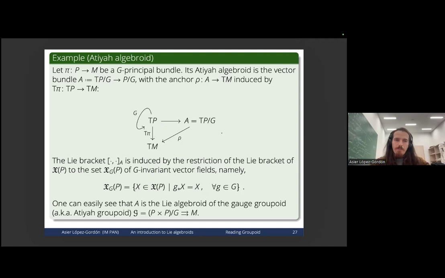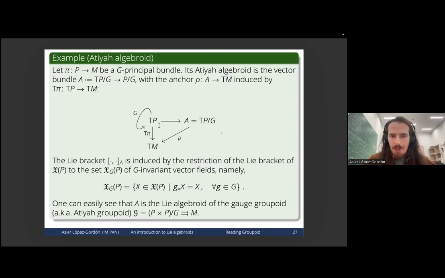So we have a principal bundle P over M with a principal group G. We define the Atiyah algebroid as the vector bundle given by the quotient of the tangent space of P by the action of G, and the anchor will be induced by the tangent of the principal bundle projection.